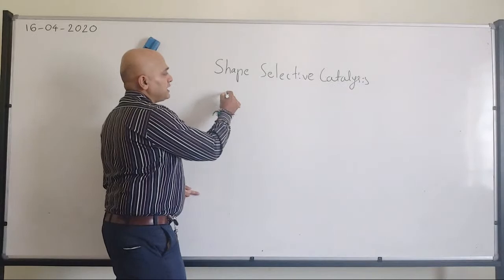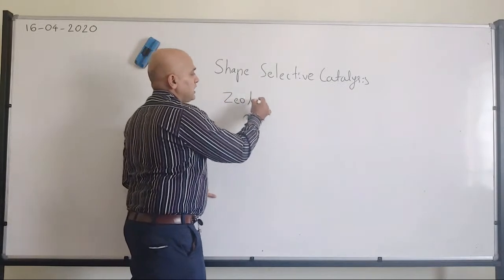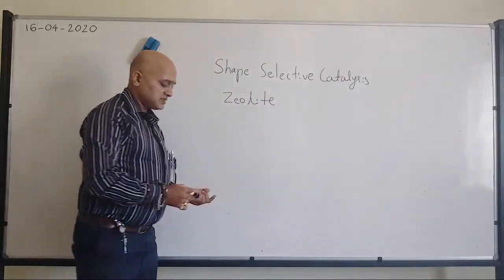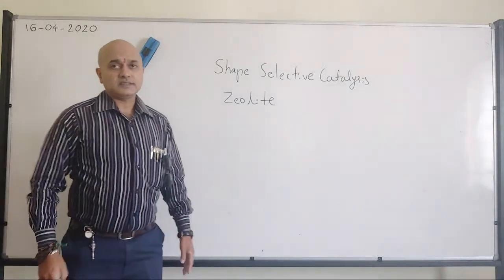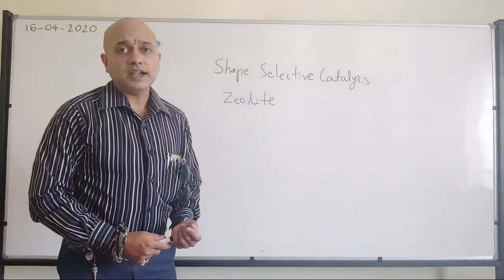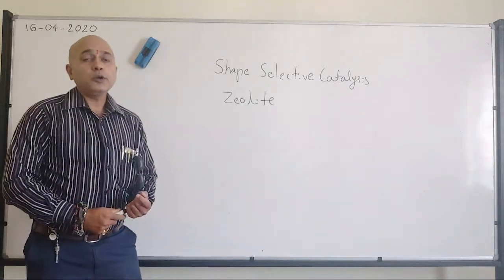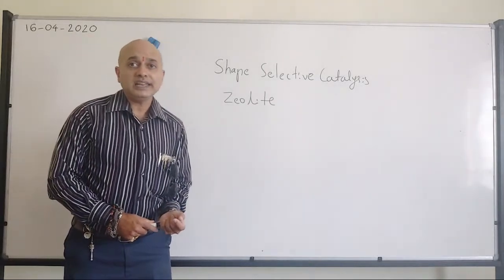One very good example is zeolite, which you have discussed in first year class with respect to group 13 and 14 elements.